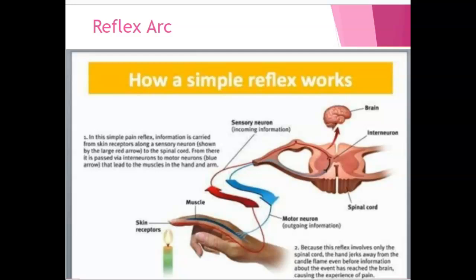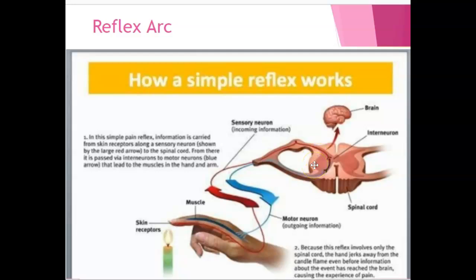However, it's a little more complicated than that. With a reflex arc, some of that happens automatically. In the picture here, the person is touching the flame. When the body senses that pain, it is the afferent neurons, the sensory neurons, that are going to carry a message straight to the spinal cord. But that message isn't going to go all the way to the brain.